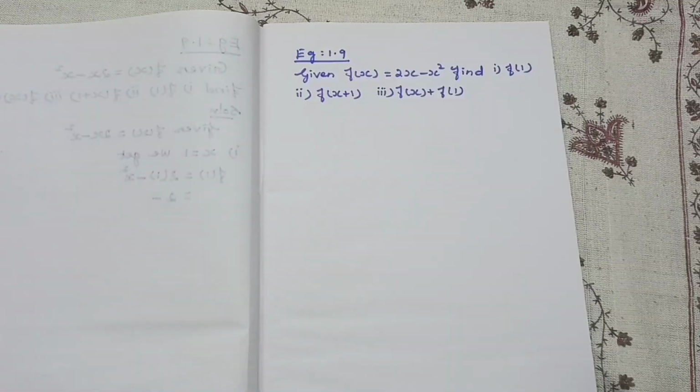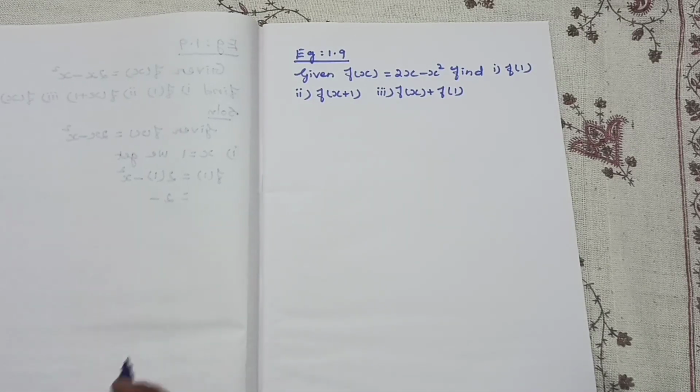Correct? Next we are going to see example 1.9. Given f of x equal to 2x minus x square, find first, f of 1, second, f of x plus 1, third, f of x plus f of 1. Okay, what is given here? f of x.